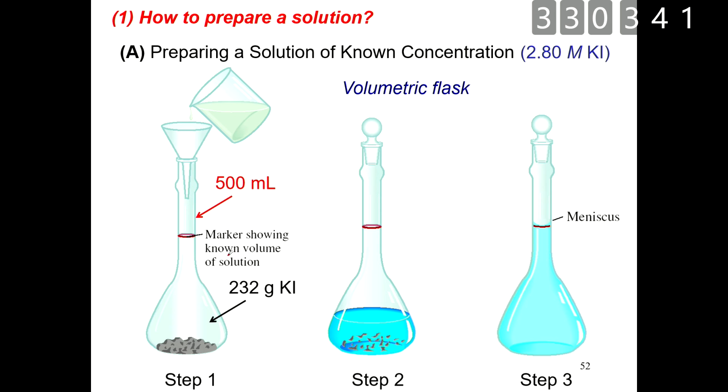We use this equipment, the volume is 500 milliliters, and we weigh this mass, put it in the solution, and then we can get the concentration of the solution. This is the first way.